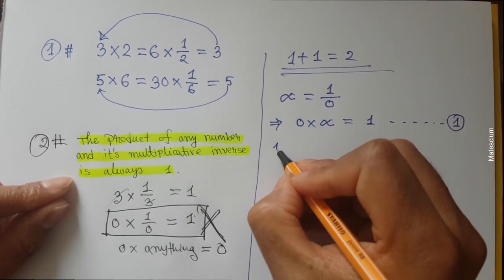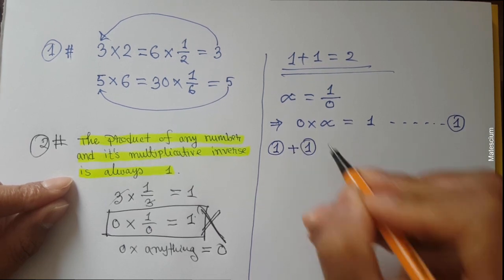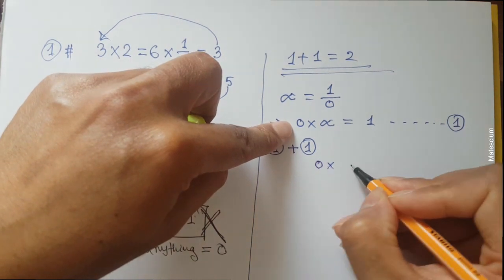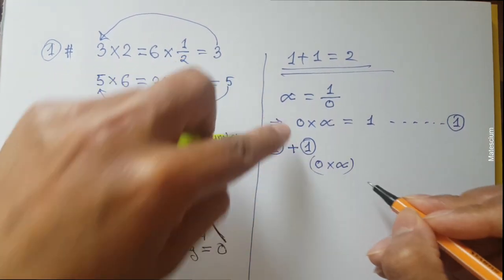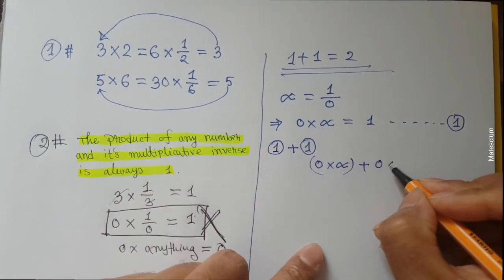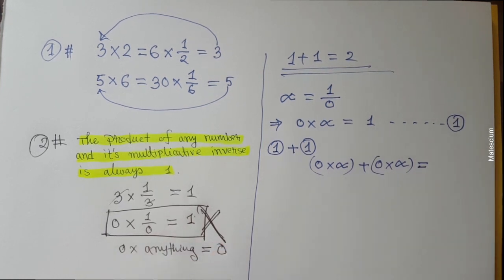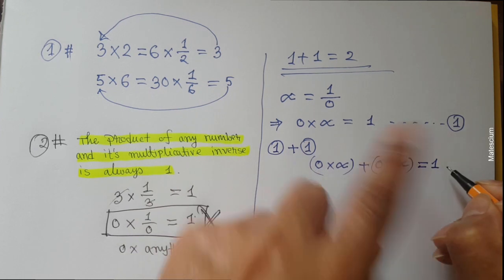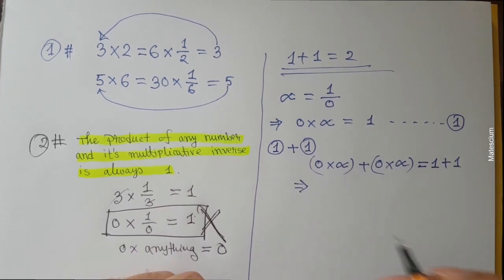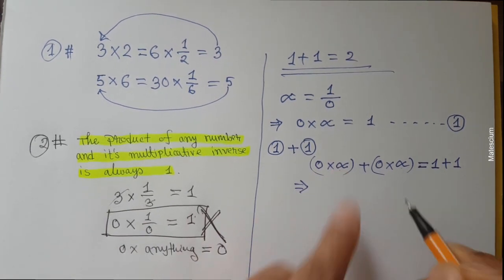If we add equation number 1 with equation number 1, what is the result? The result will be 0 multiplied by infinity, this is equation 1, plus again 0 multiplied by infinity, which is the left-hand side of equation 1 plus 1, and the right-hand side will be 1, equation 1 plus 1, right? What we can do is take infinity common from this part and that part.